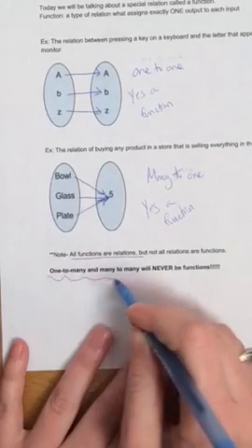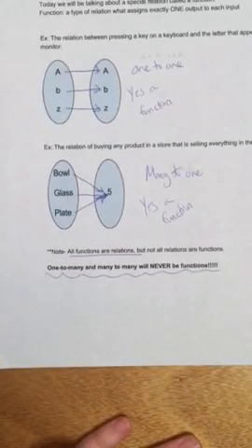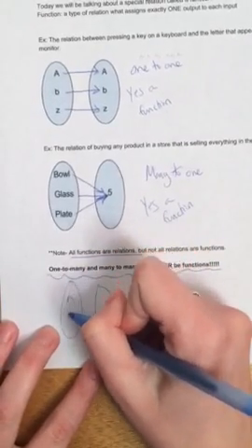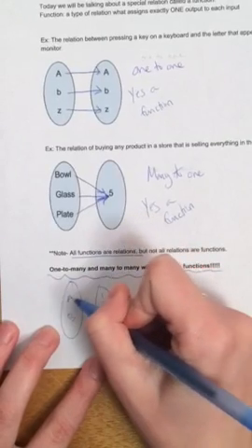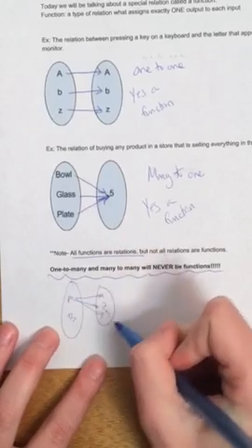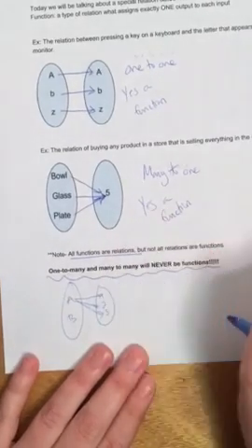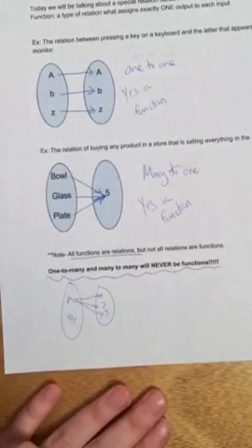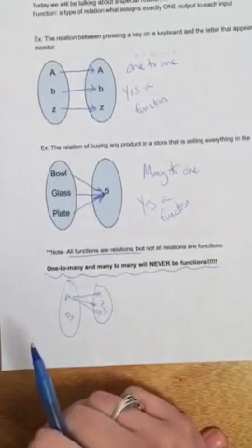This bold piece right here, you need to remember. Remember my diagram where I have A and B, 1, 2, 3, and A is going to 1, 2, and 3. A has more than one output, and that's bad. And the many-to-many is where 2 is going to B as well as A.